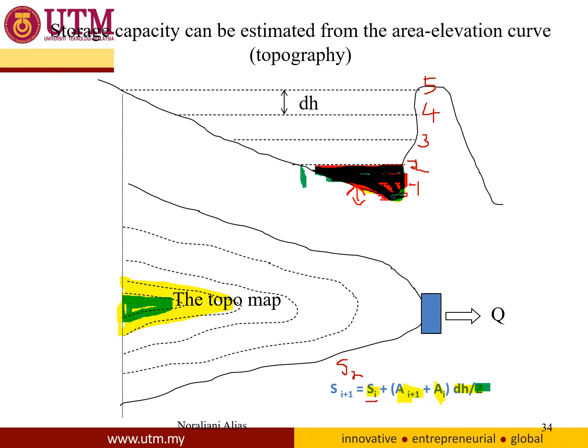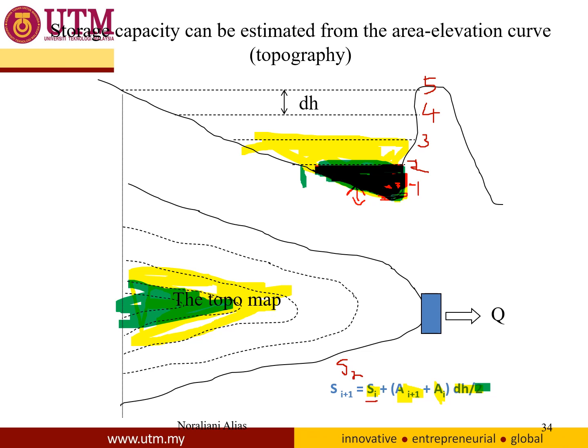So for storage S3, this whole thing here, it's S2, which you already calculated before, plus A3 plus A2, the whole area here, then multiplied by DH and divided by 2.